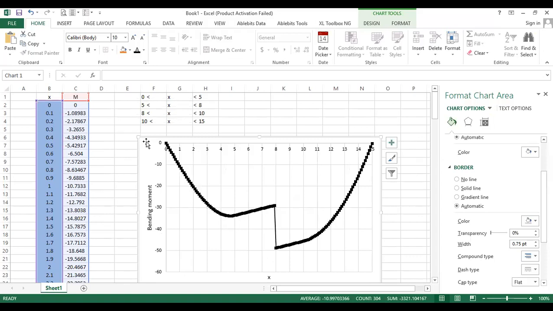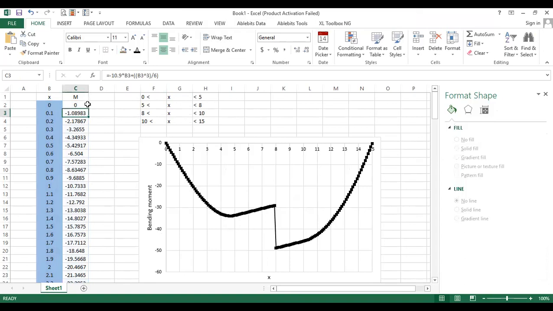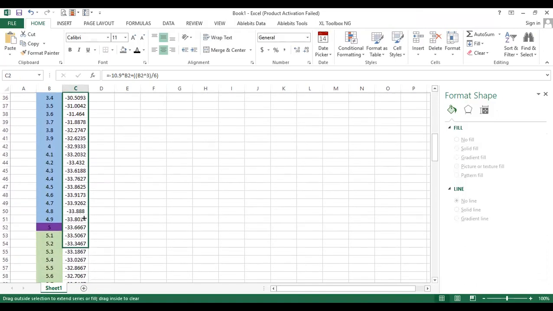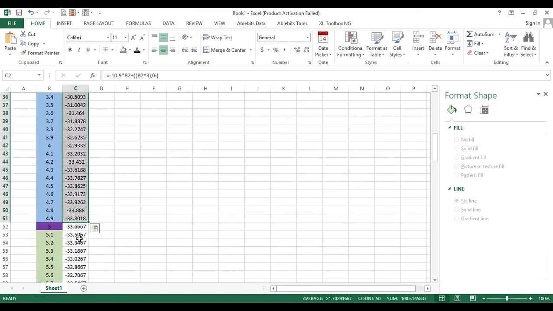So again, what I did was just consider these equations. So this is 10 minus 10.9x plus x to the power 3 over 6, right? That is valid until 5. Even at 5 it is valid, it's the same.